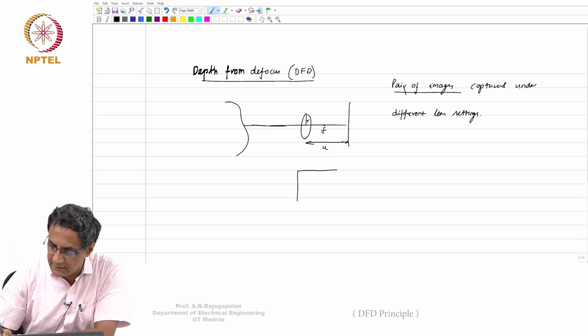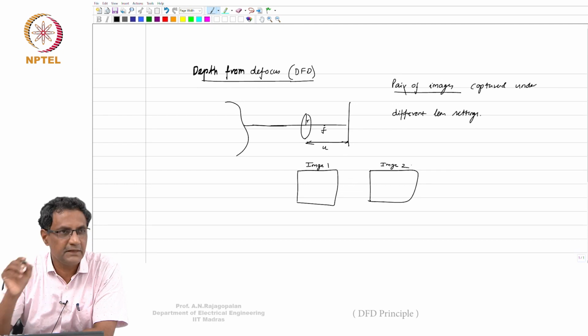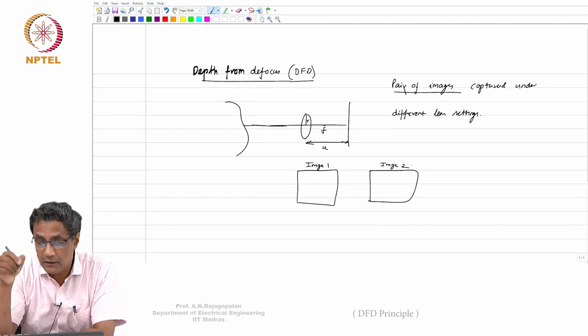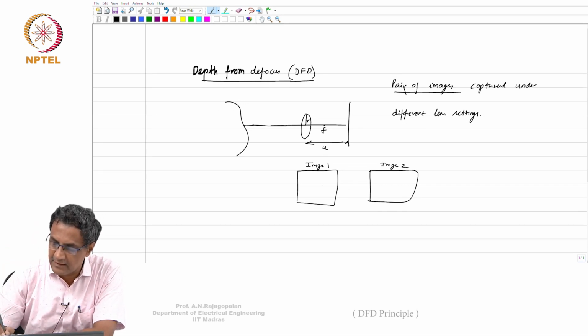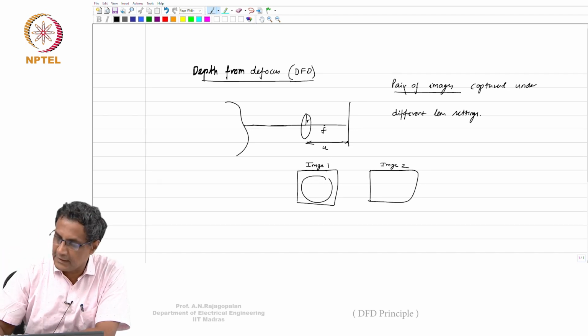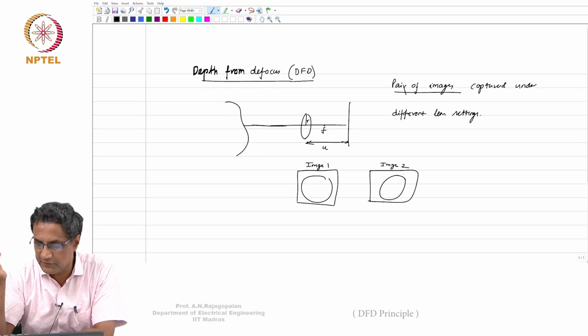So imagine that you captured image number 1 here, and then you captured another image, which is image number 2. Because the scene hasn't moved at all, and we haven't moved the camera or the lens, at most we can change U, F or R. So what it means is that you get some space variant blurred image depending upon what the 3D scene is like, and then in the second one you get another space variantly blurred image depending upon what you do.